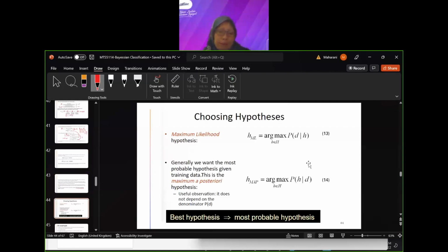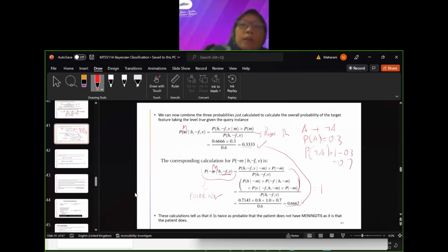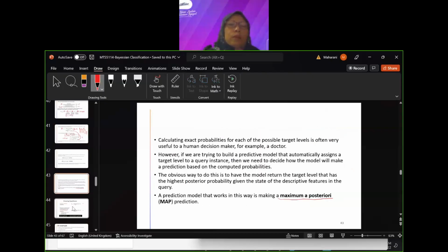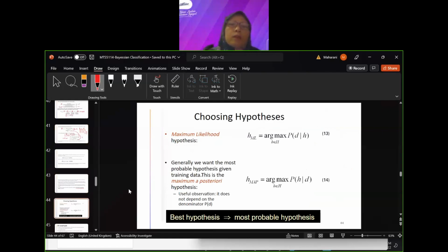So actually, in the Bayes theorem, we have two hypotheses. First is called the maximum likelihood, so we can maximize the likelihood. This one is the likelihood. Or we maximize the posterior, which is the left one.